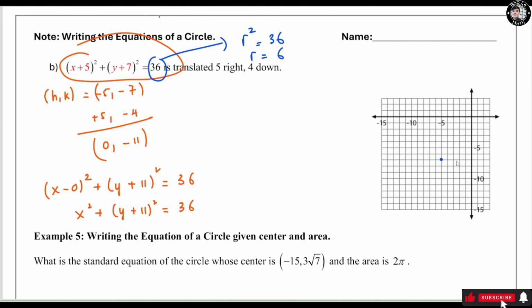So it's going to be 2, 4, 6 right here. So if you graph this one, it's going to be something like this. Now, the new center is going to be 0, negative 11. It's going to be right here, and if you graph the new circle, it's going to be something like this.